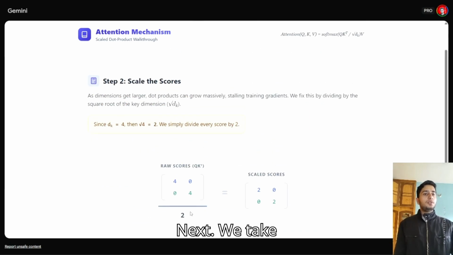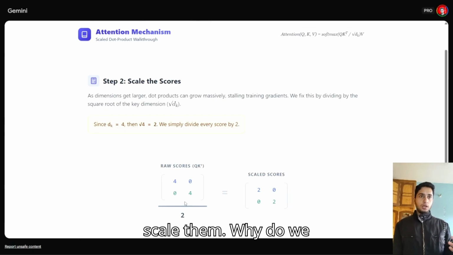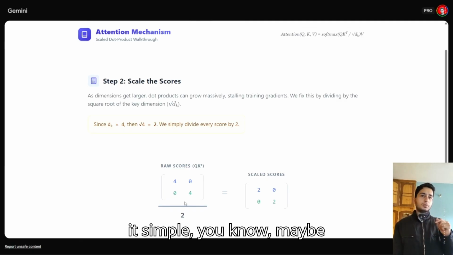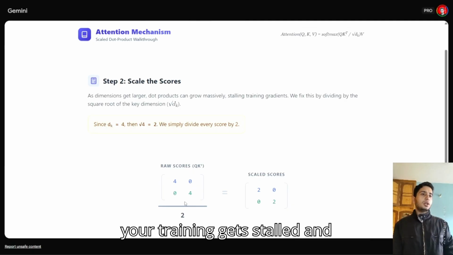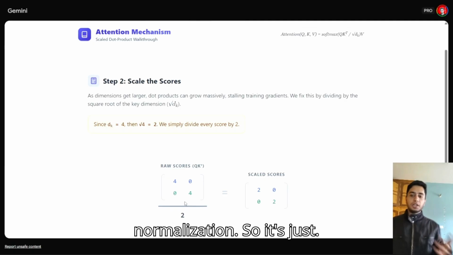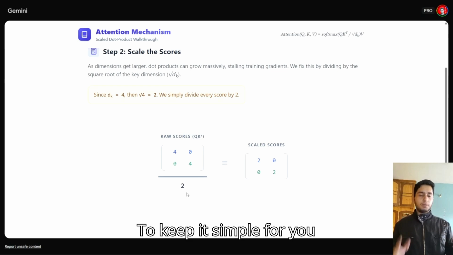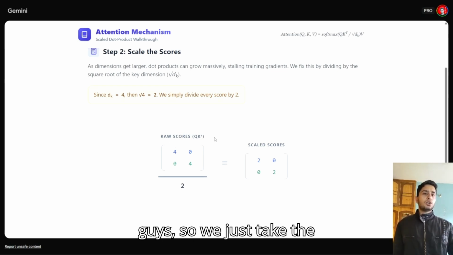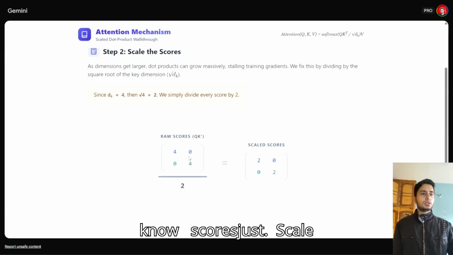Next, we take these raw scores and we scale them. Why do we scale them? To keep it simple, because of gradient descent, sometimes your training gets stalled, and that's why we use layer normalization. So it's just normalization, to keep it simple for you guys. We take the raw scores and scale them appropriately.